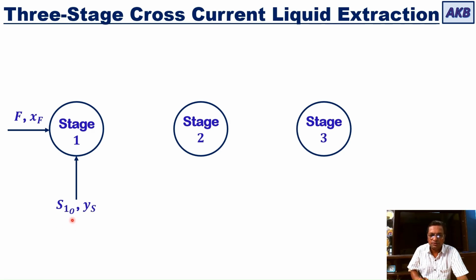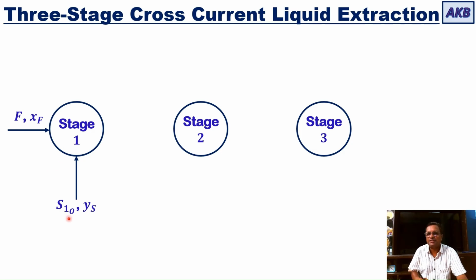S10 represents mass or mass flow rate for the solvent phase. Mass if it is a batch wise operation, mass flow rate if it is a continuous operation. So S10 indicates the solvent that is entering stage number 1.